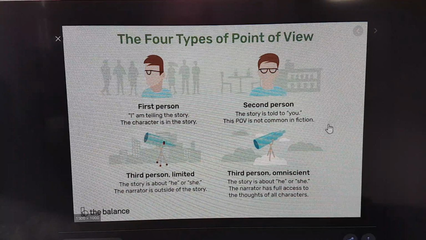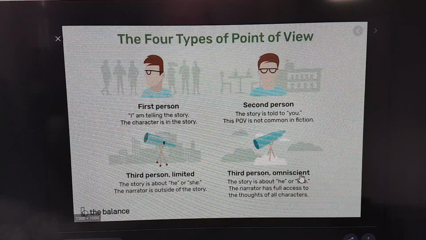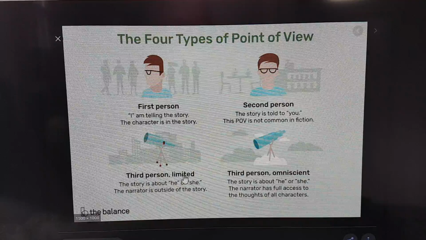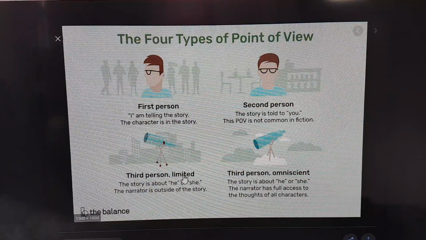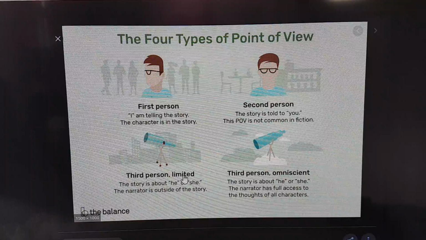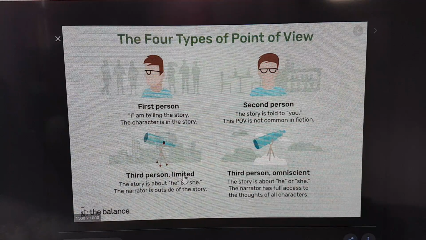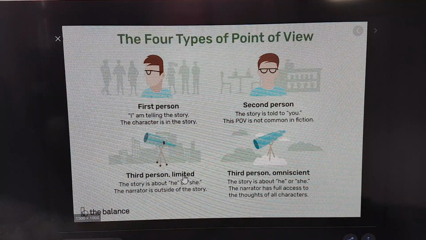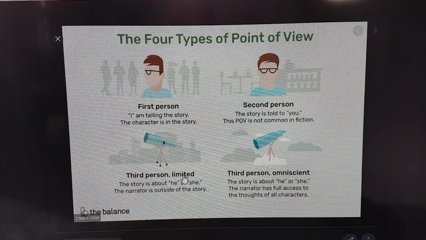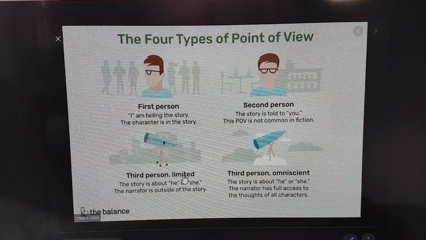Okay, so omniscient means he knows everything. Limited means he has limited knowledge. Probably has only insight into the protagonist's frame of mind, into his world of feelings, into his ambiguities. All right?